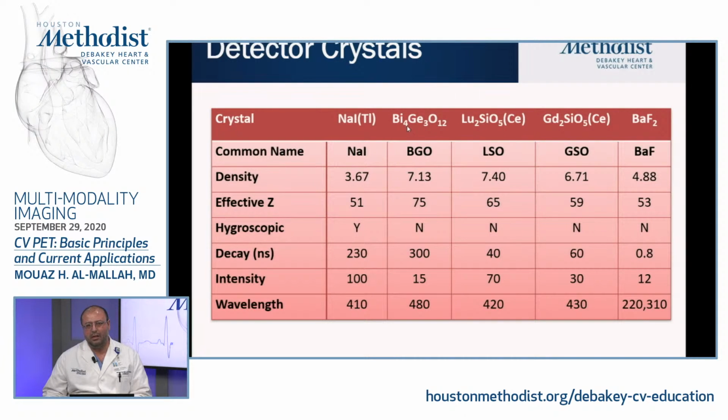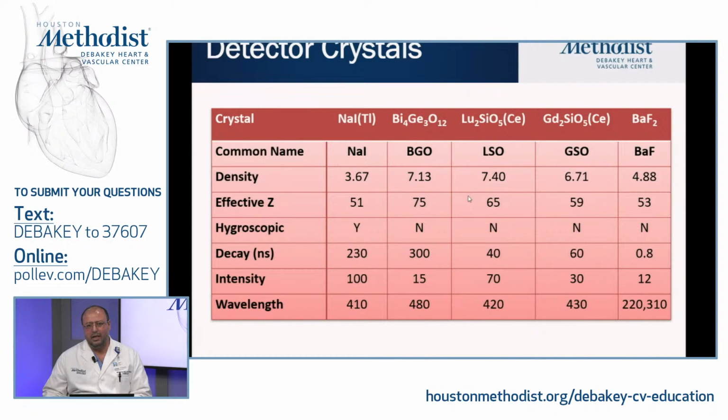There is also BGO, which is mostly the older ones if you have them on different systems. The main thing is that the decay of LYSO or LSO is much slower, so now you have a more stable detector and you capture more of the light that you get in there.